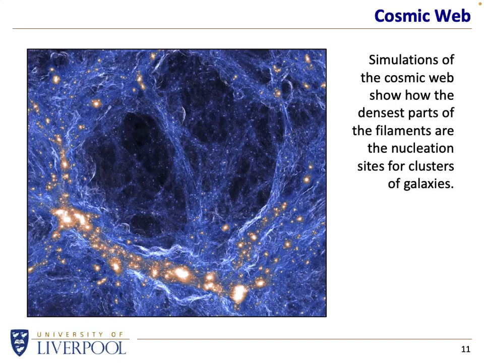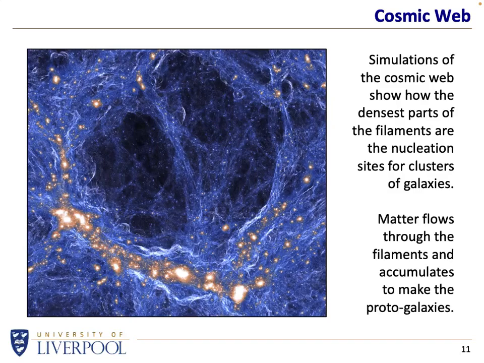So we think what's actually happening is, again, this is a slightly different still from the same sort of simulation. The hot spots, the bright spots here, are the places where galaxies are forming. And what we think is happening is the densest parts of these filaments are forming galaxies and clusters of galaxies, and the matter that is forming these galaxies is actually streaming down these filaments.